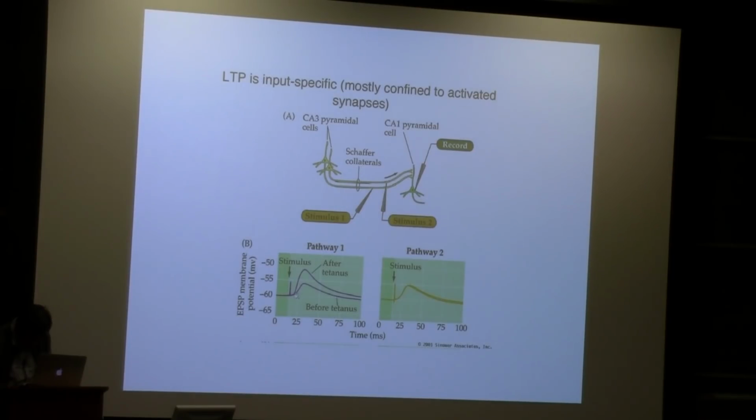That was before the tetanus, and this is, say, 1 hour after the tetanus, it gets much bigger. But the other pathway that was not tetanized did not change. So only synapses that are conditioned with the tetanus change. The ones that are not do not change. So that's input specificity.